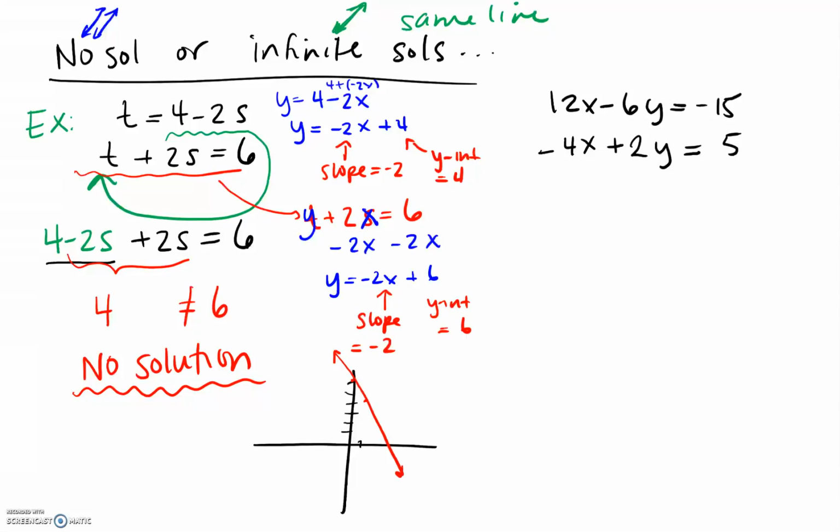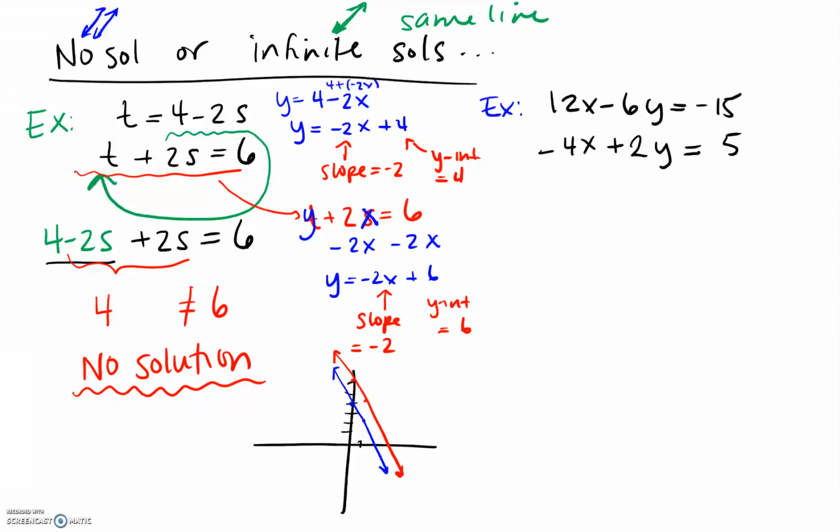And one is going to be starting at 4, going down 2 and over 1 to get us a line that runs right next to it forever and ever and ever and never crosses. So that's what it looks like when you get no solution. What's going to happen if you're doing substitution, your variables are going to cancel and you're just going to be left with an untrue statement.